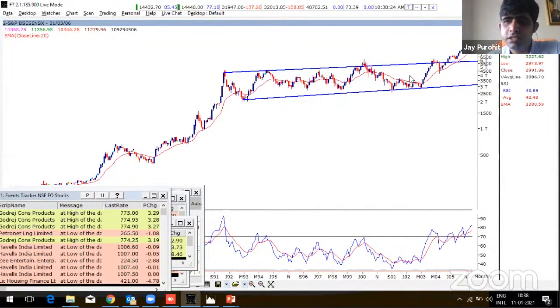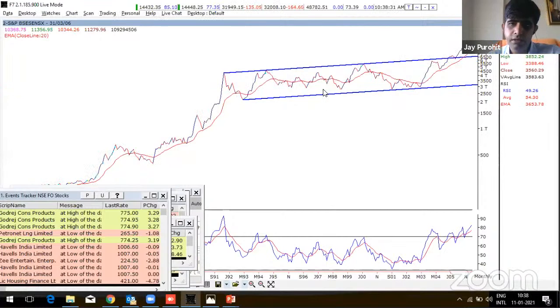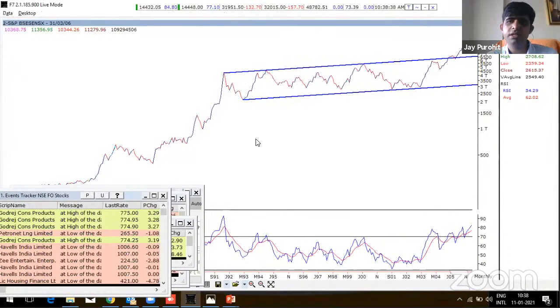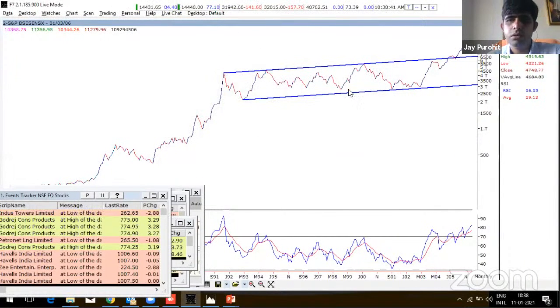Now, this is the chart structure of Sensex, and let me hide the moving average here. This is the line chart of Sensex. Why am I showing you this? This is the monthly line chart.